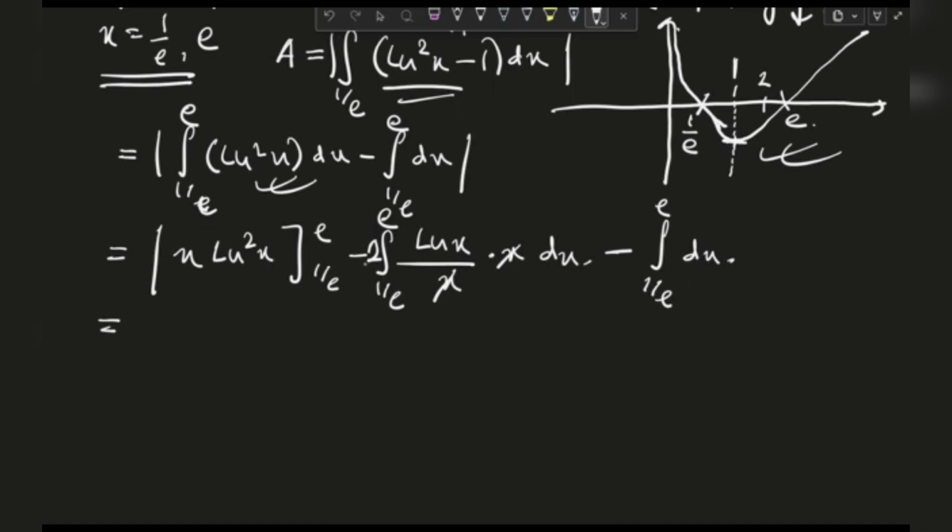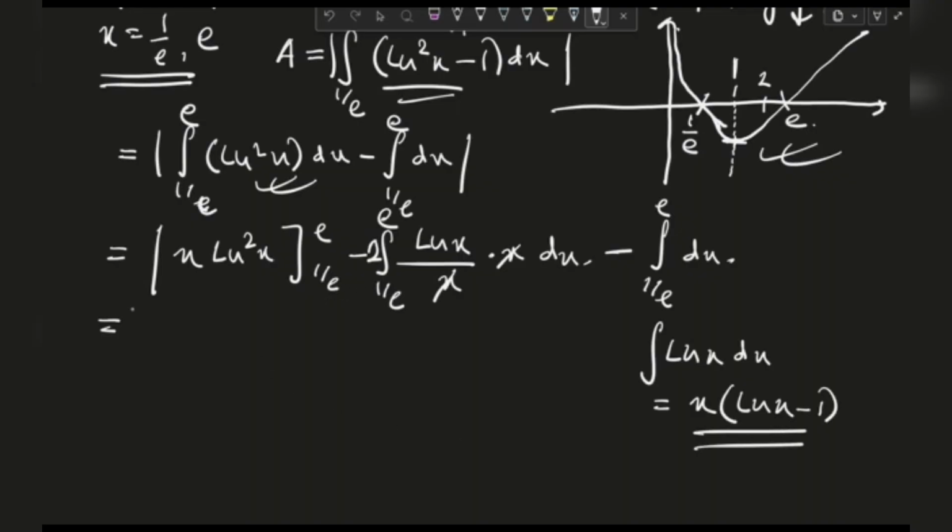So this thing becomes minus 2 times integral of ln x, which is pretty easy to evaluate. This is x times (ln x minus 1). If you guys don't remember this, please remember this as a standard result.